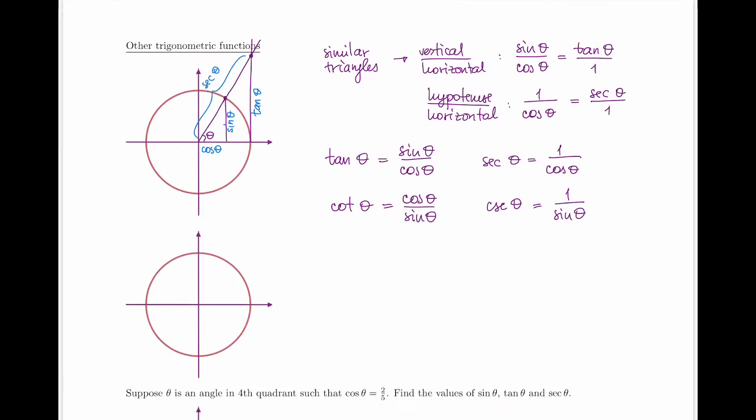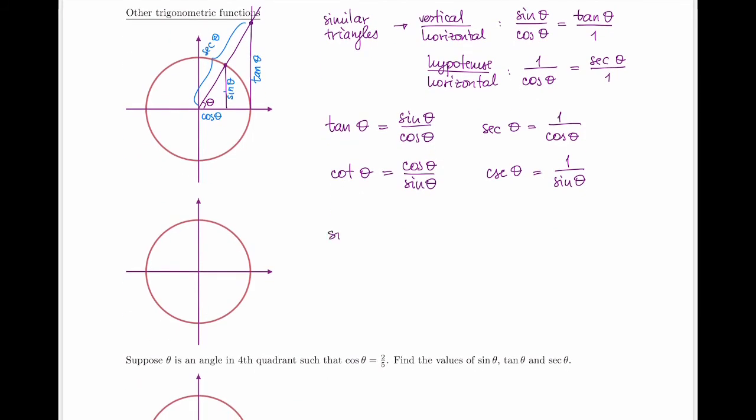Now, thinking back to the basic trigonometric identity, we can now think about what that means in terms of these newly defined functions. So I'm going to take my basic trigonometric identity and divide everything by cosine squared theta. What would this yield? So let's take a look. Dividing everything means I get to break up all of the common denominators. So I'm going to get sine squared over cosine squared of theta.